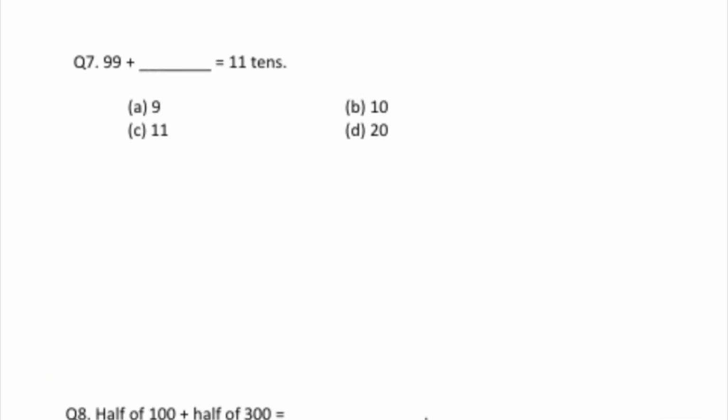Question number 7 says 99 plus a number will give us 110. So 99 plus which number will give us 110? Let's do it. 110, and if we subtract 99, let's see which is the number.